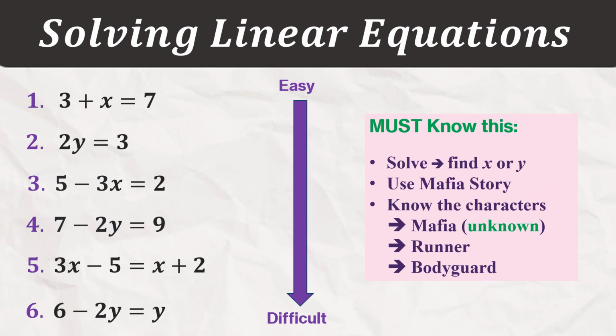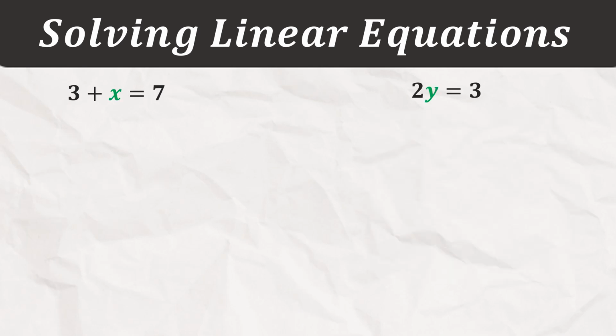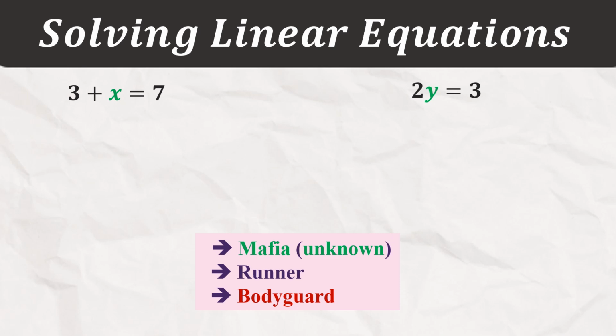So now let's begin. In the first 2 equations, I'm going to show you how to identify mafia, runner, and bodyguard. In the first equation, our job is to find x. So x is actually the mafia. To find the mafia, I will first need to remove the runner. Who is the runner? The runner is simply this number 3.